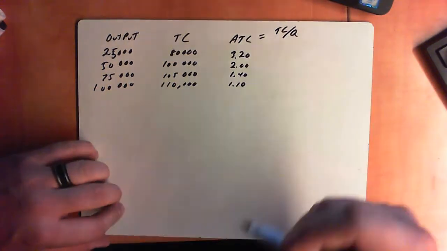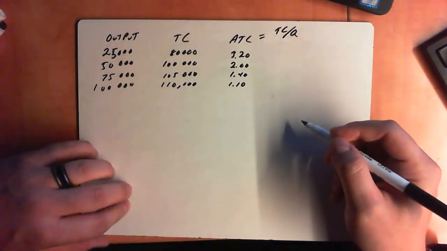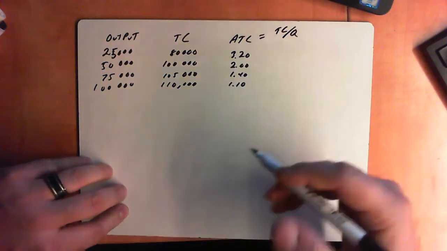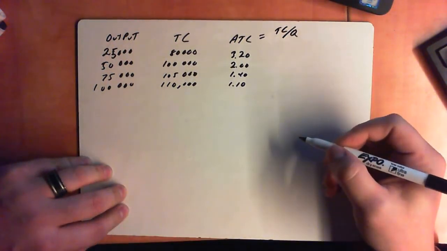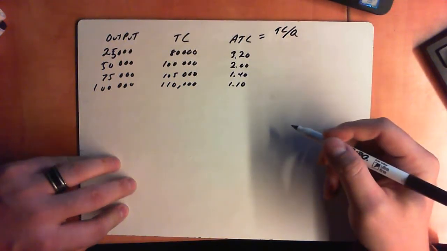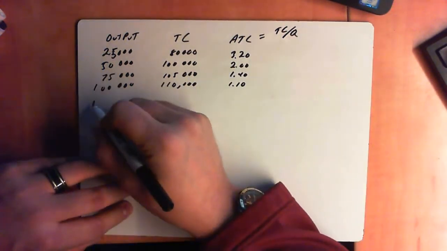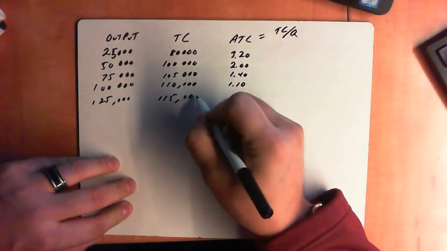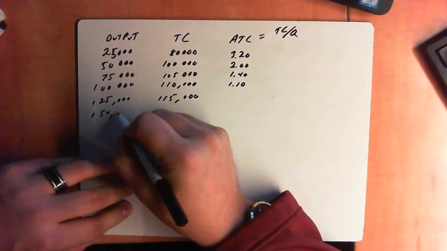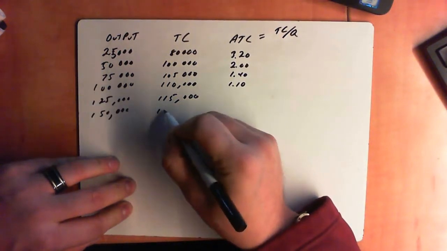So the next part of the question is saying, suppose that for each 25,000 bottles per day increased production above 100,000 bottles per day, total cost would increase by $5,000. So 125,000 would cost 115. 150,000 would cost 120.